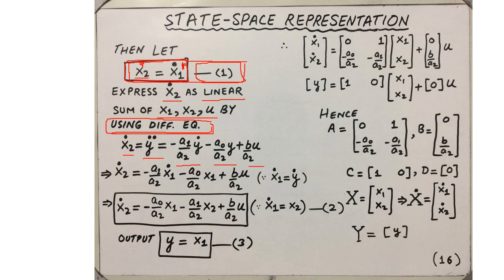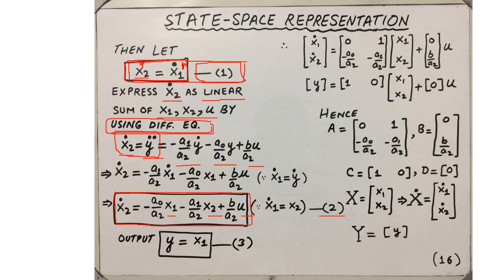And y double dot is the same as x2 dot. Therefore, x2 dot after simplification is represented as the linear sum of the state variables x1, x2 and the input. So this is the second state space equation.